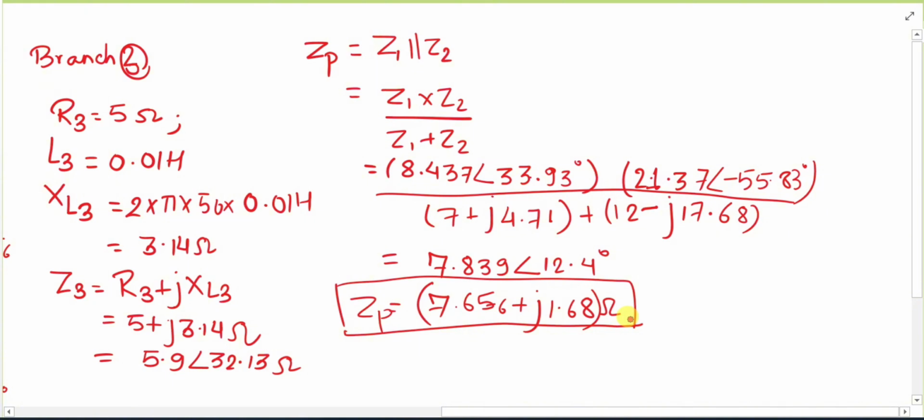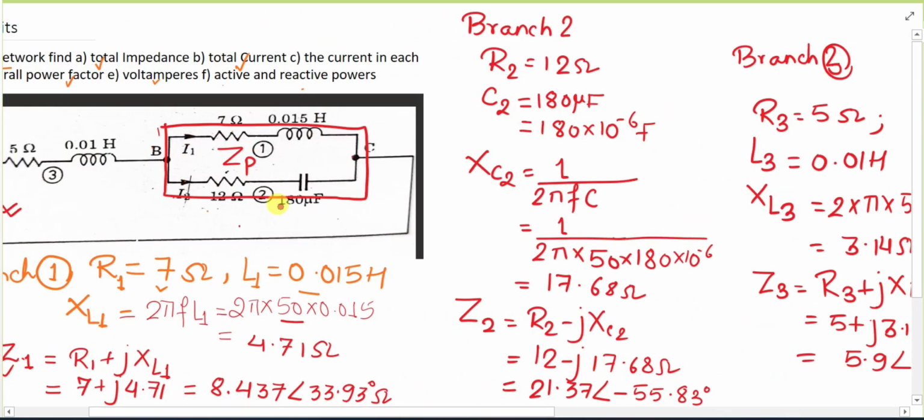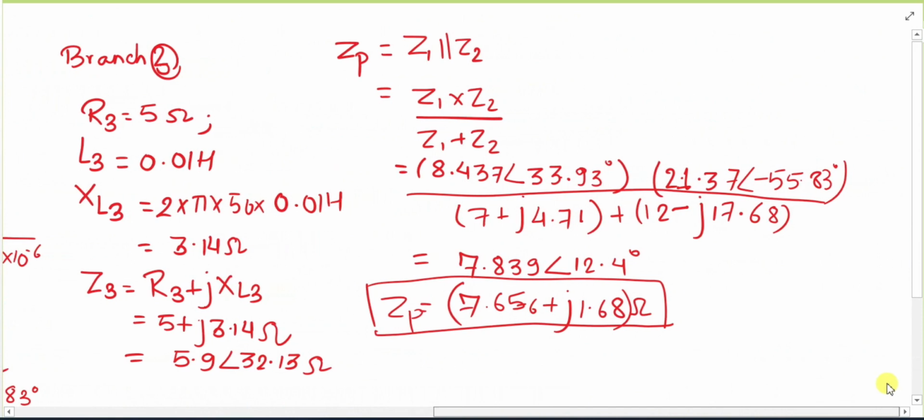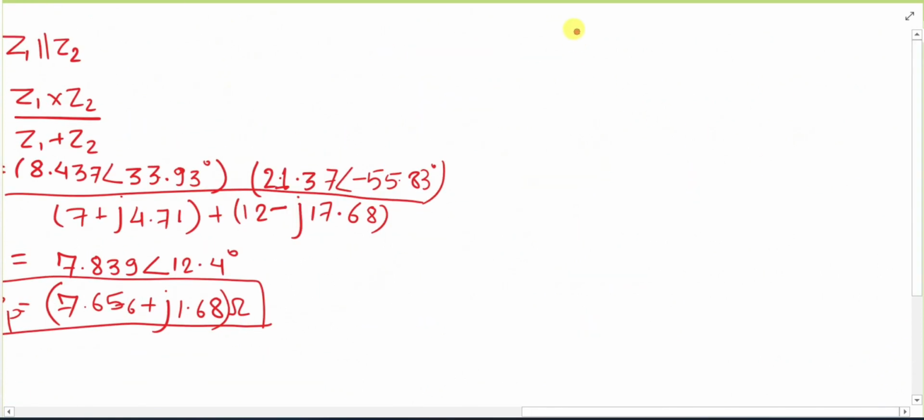Now let's go to the circuit. You can see that ZP is this and this one is branch 3. We can easily see that our ZP and branch 3 are in series connection. Since Z3 and ZP are connected in series, the total impedance of the circuit can be identified easily. Our question number 1 is to identify the total impedance.